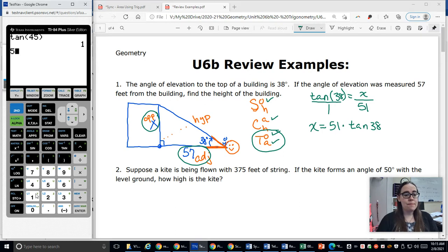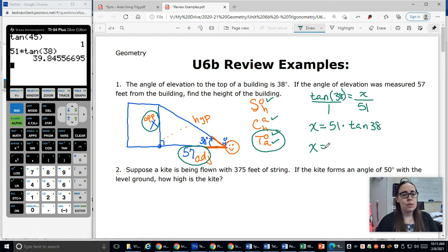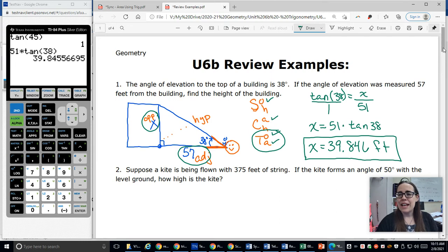So 51 times the tangent of 38, I'm going to close that parentheses, put your seatbelt on, and I get x equals 39.84, and I'm going to go with 6 because that 5 is going to bump it up, 39.846. And we know we are measuring everything in feet. So not a super tall building, 39.846 feet.